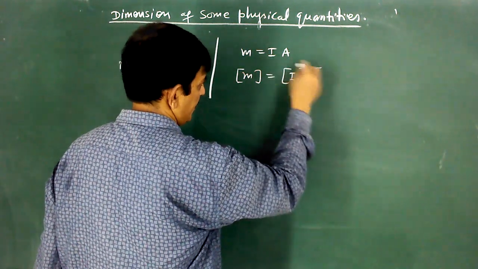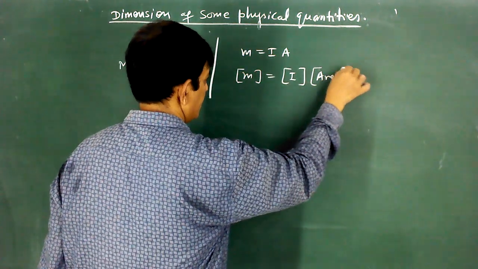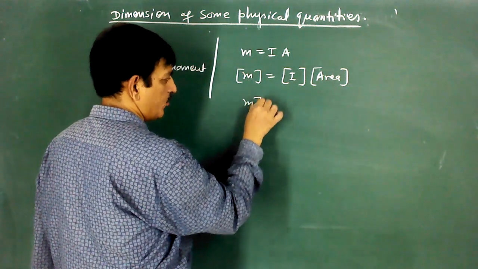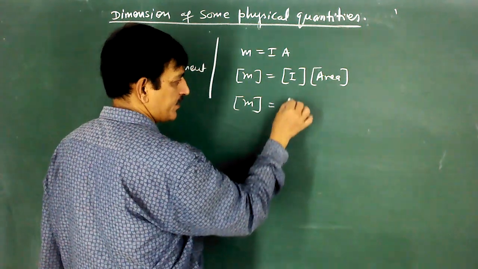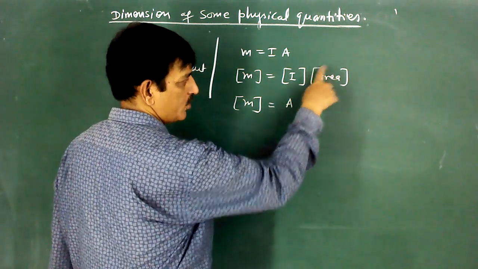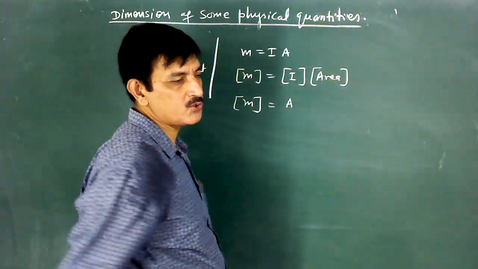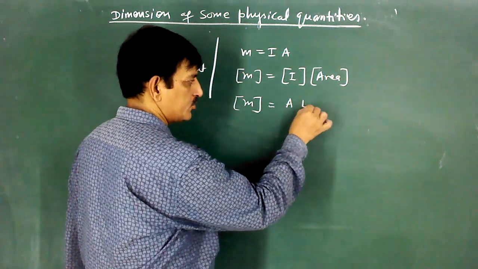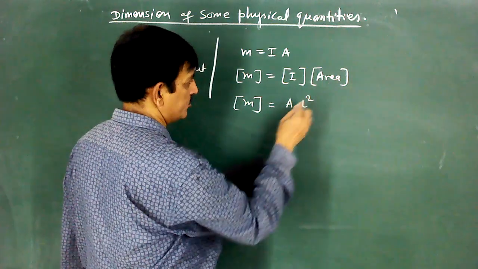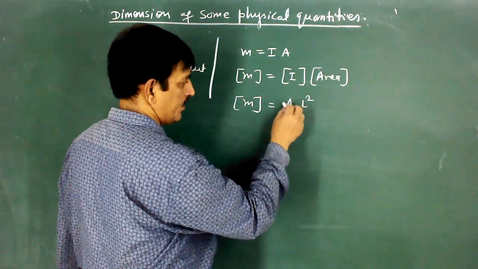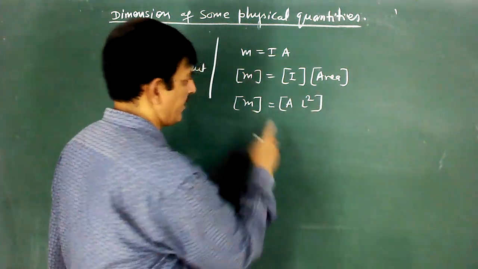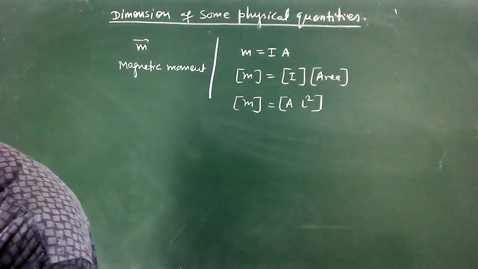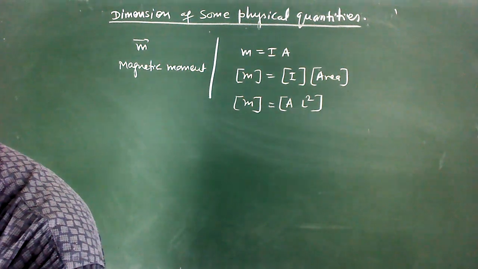A is area, not current, it is area. So here dimension of magnetic moment is equal to dimension of current is A and dimension of area means pi r square. Pi has no dimension and r square means L2. So this is the dimension of magnetic moment, A L2.